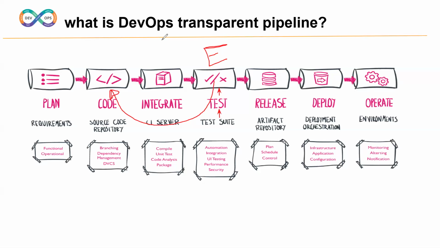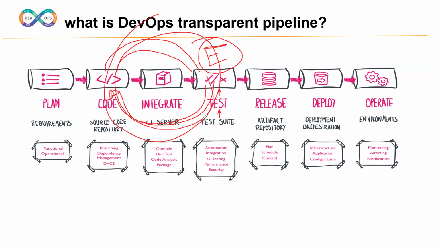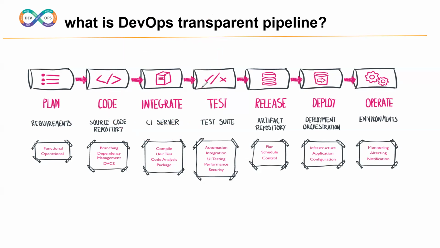The developer has to fix the issue, then integrate and execute again. This loop repeats until zero errors. Once it is working software, we continuously deliver it into the release.